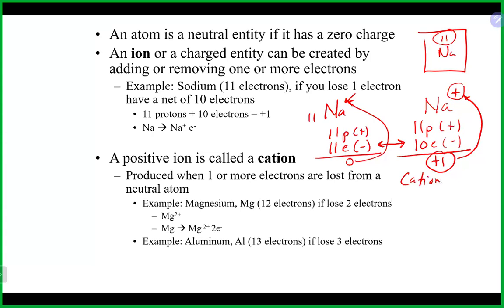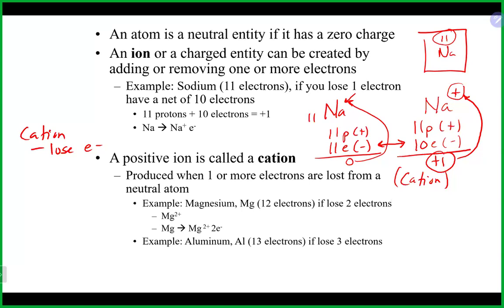A cation results from losing electrons. When you lose electrons, you become more positive, because now you have more protons than you do electrons in that atom, and it will get an overall positive charge. That is what the plus symbol means.